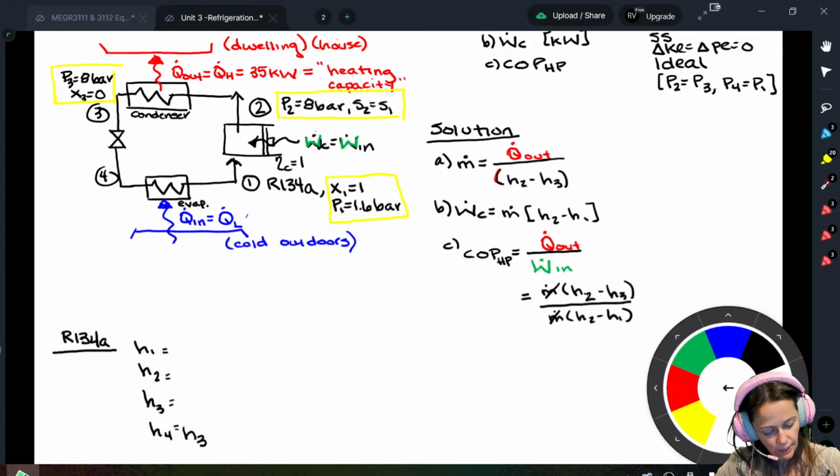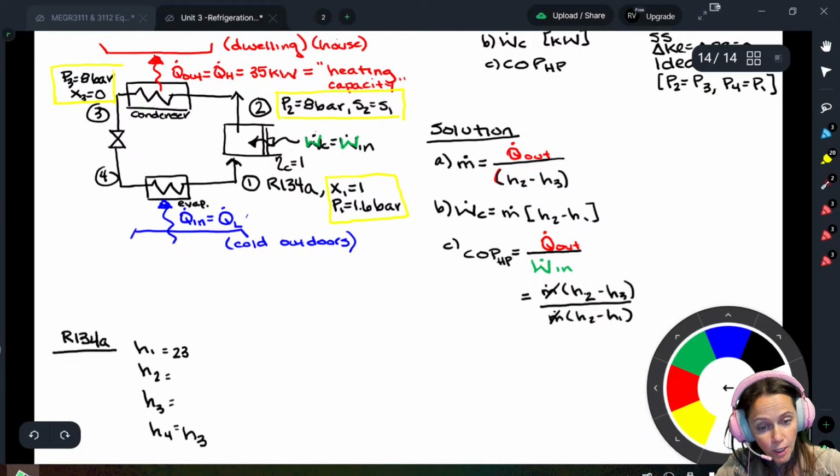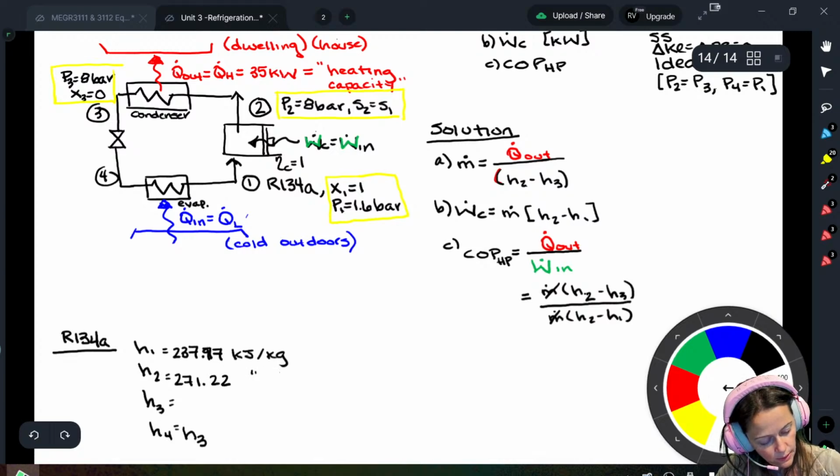So for state 1, H1 is 237.97. Sorry, I misspoke earlier, it's 237.97 kilojoules per kilogram. H2 is 271.22. And H3 is 93.42.